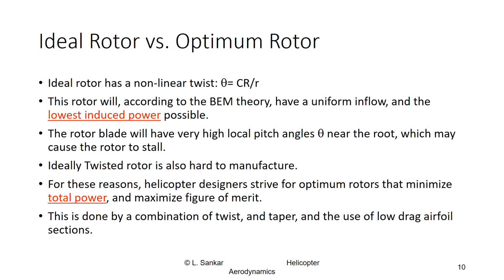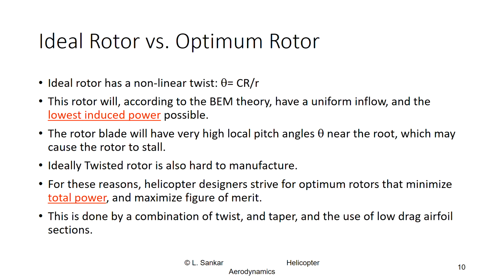So the closer you are to the root, higher and higher twist, higher angle of attack, because alpha is theta minus phi. The higher the alpha, the more the chance of separated flow, drag, higher profile power, higher stall, and so forth. Therefore, such an ideally twisted rotor is also hard to manufacture. It performs very poorly in high-speed forward flight because of the dynamic stall.